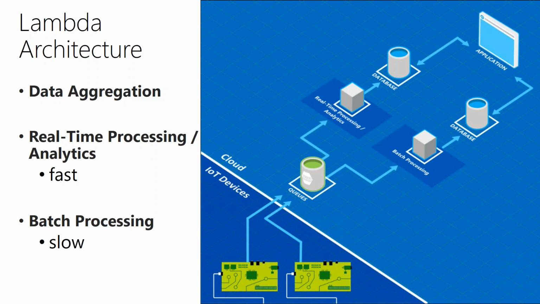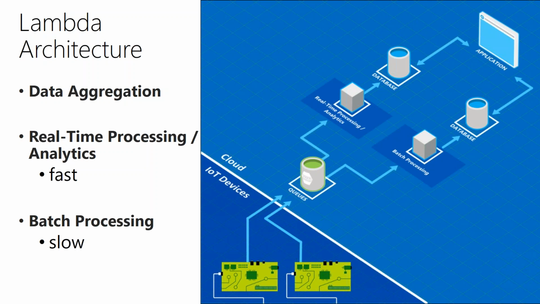A little bit more of anything that's not real time, the slow processing path, is on the batch processing side of the Lambda architecture. And the way that this is implemented would be some kind of a message broker. In the middle of this diagram, we can see the arrows from the IoT devices going to the element labeled queues. This would be some kind of a message broker that's receiving your device messages.